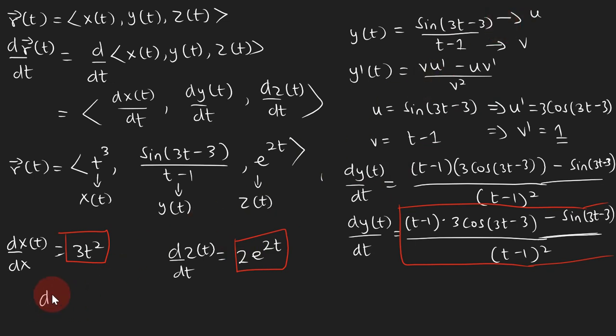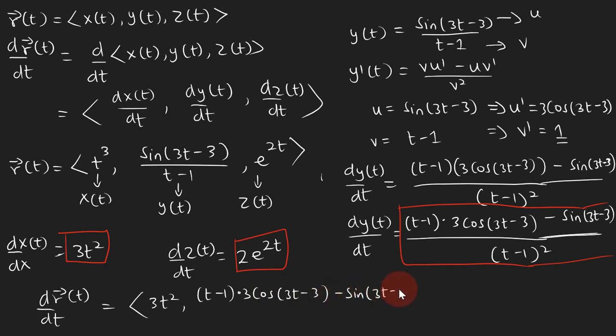So we are going to have r prime of t equal to, for the first function, 3t squared. Then for the second, we have t minus 1 multiplying 3 cosine of 3t minus 3, minus sine of 3t minus 3, divided by t minus 1 squared.